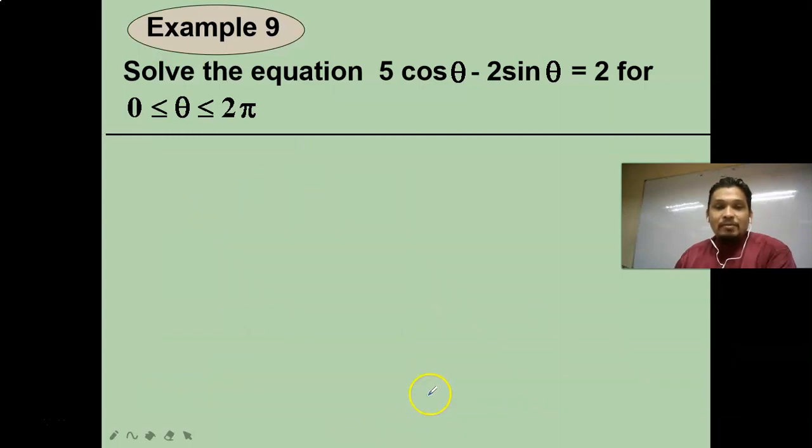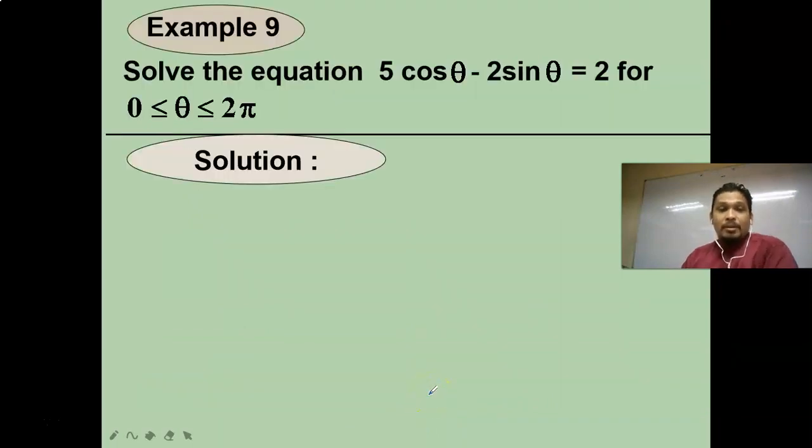Now example 9. Let t equal to tangent theta over 2.